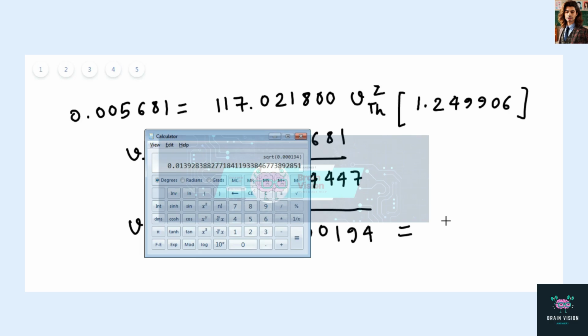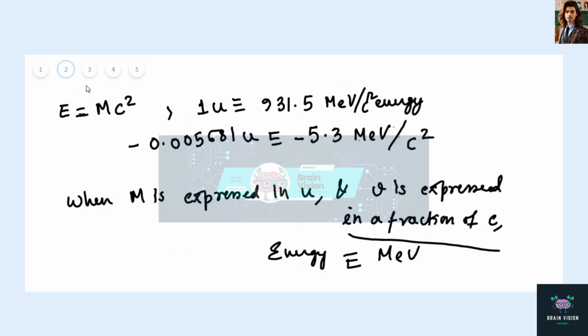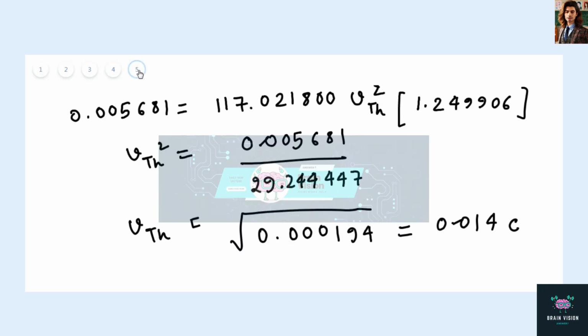Point oh one four C. See, as I told you here, you get the answer in terms of a fraction of C. So the final speed that you get, the recoil velocity, is equivalent to saying 1.4% of C, the speed of light.